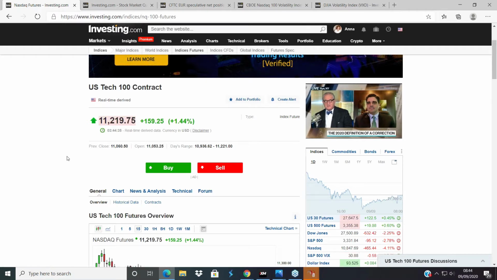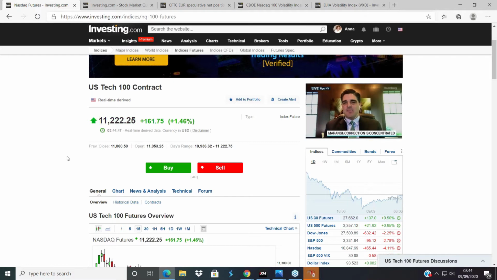Every man and his dog uses the VIX as well, and the S&P. If the S&P is going up in the US market, then sentiment is positive. I know the Nasdaq has been roaring ahead because it's been driven by the tech stocks and what have you. But generally speaking, the S&P 500 is the international benchmark for sentiment, for risk on and risk off.